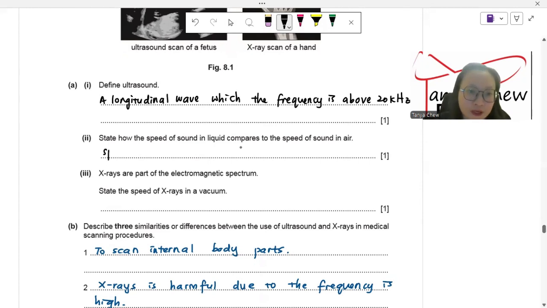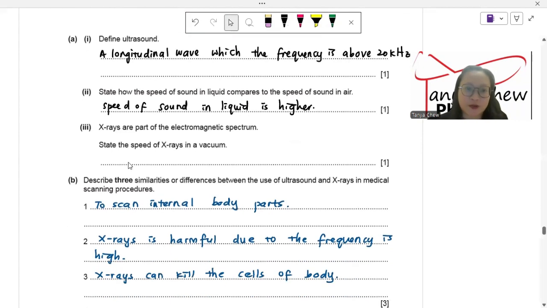So I would say speed of sound in liquid is higher. Now, third, X-rays are part of the electromagnetic spectrum. State the speed of X-ray in vacuum. All electromagnetic waves travel with the speed of light in vacuum as well as in air. So the speed is 3 times 10 to the power 8 meter per second.